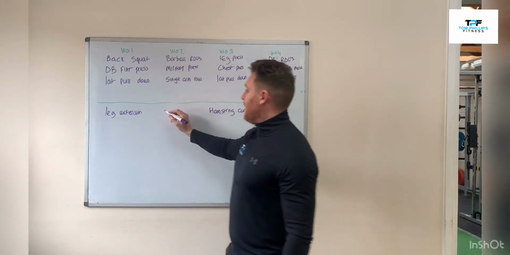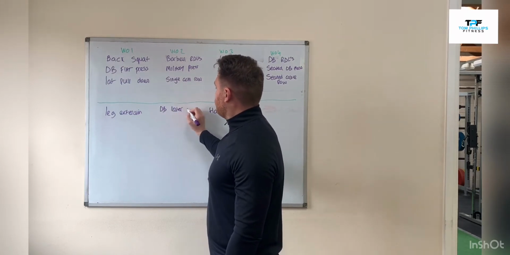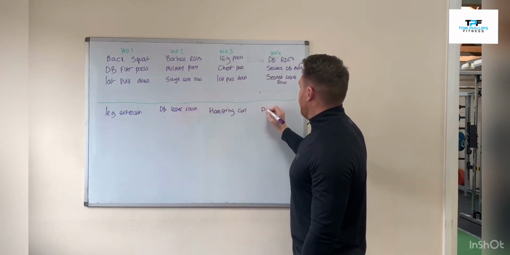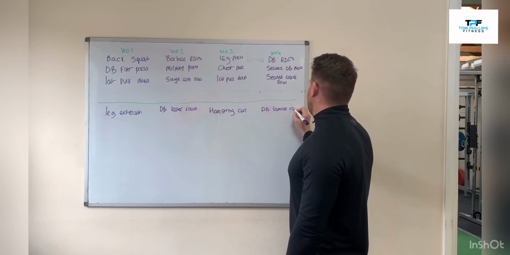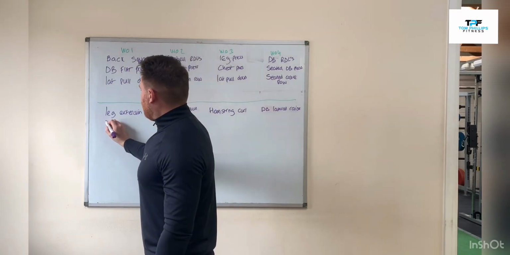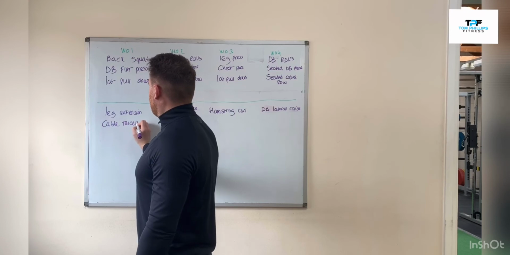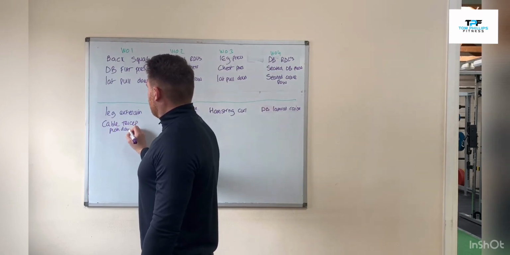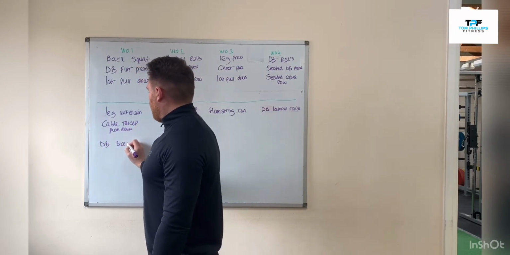We're going to do a lateral movement, so we could do a dumbbell lateral raise. And here we could do the same thing again, lateral raise. We would then have in here cable tricep pushdowns, with dumbbell bicep curls.